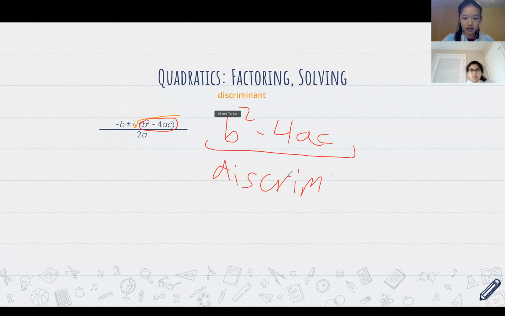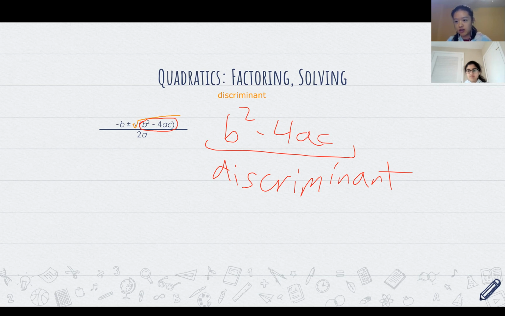Discriminant. Oops, not discrimination. The reason why it's called the discriminant is because it can discriminate how many different types of solutions there are. It can tell us if the solutions to the quadratic equation are real.